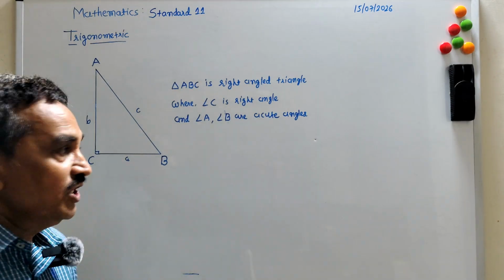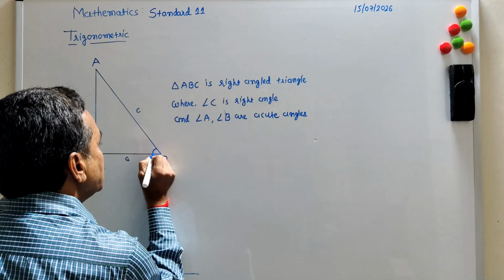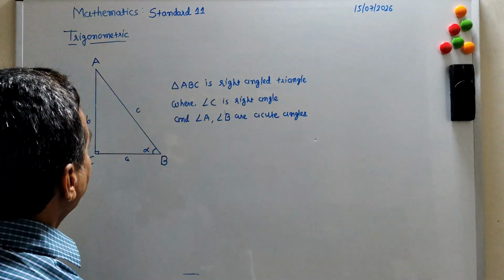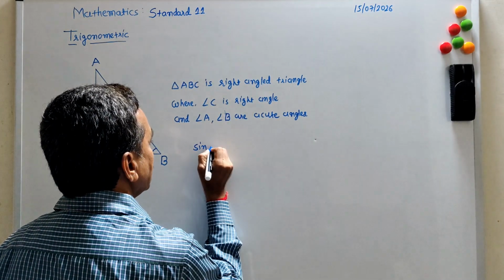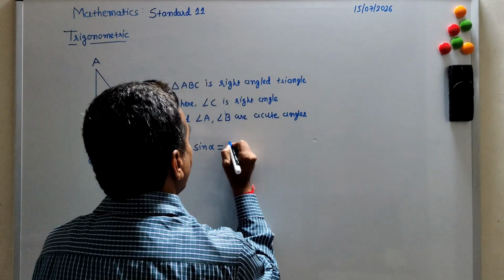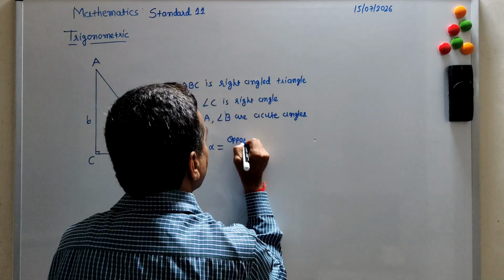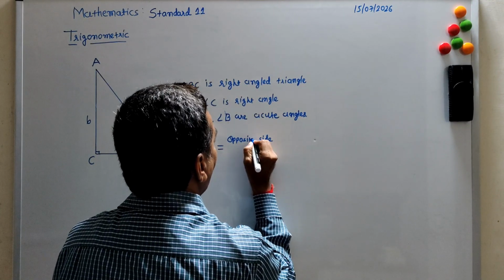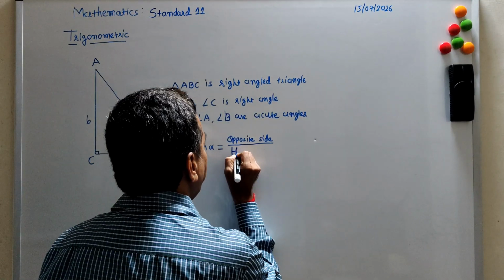So what we have studied about this: suppose this is alpha, then we studied in standard 10 that sine alpha is equal to the opposite side of this angle divided by hypotenuse.